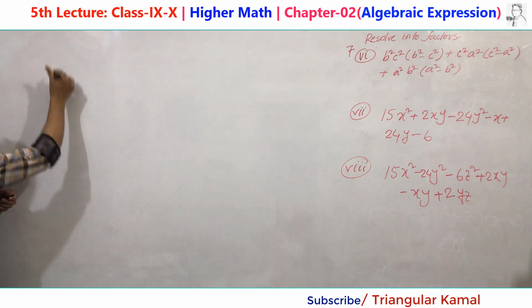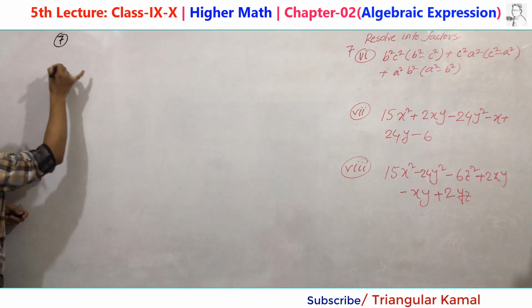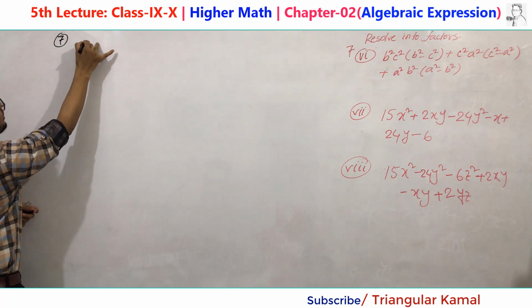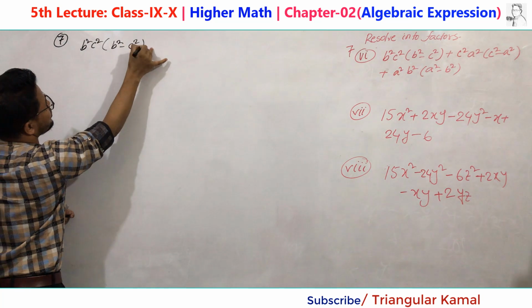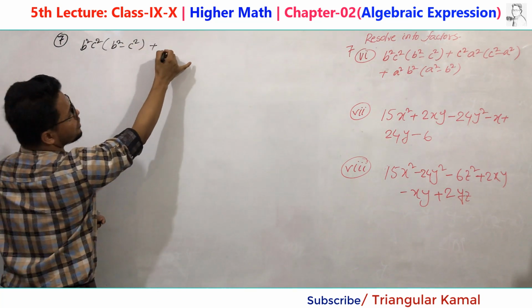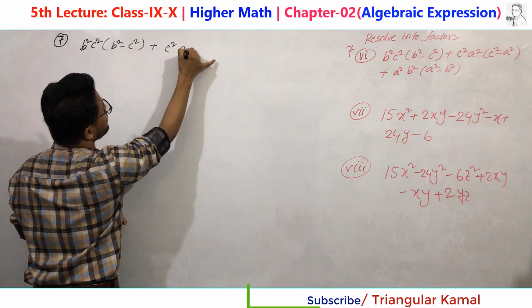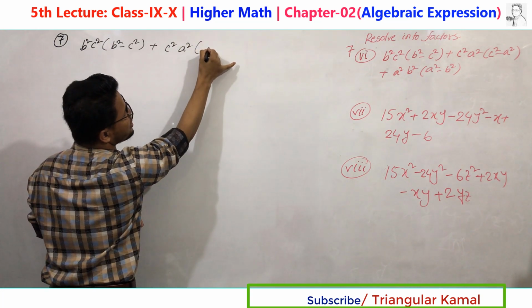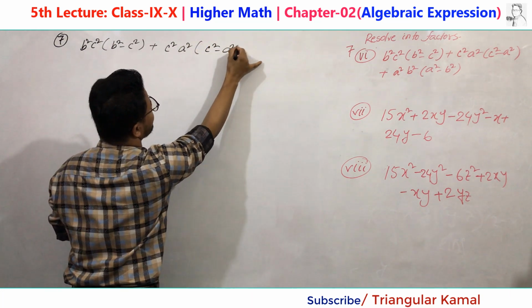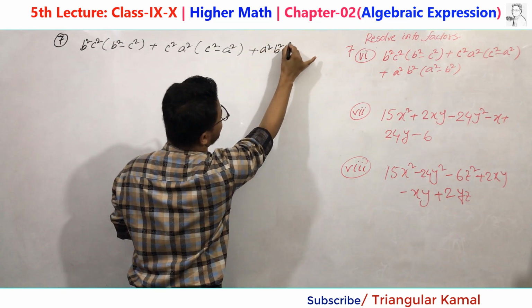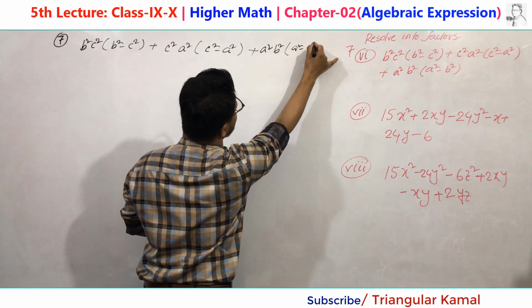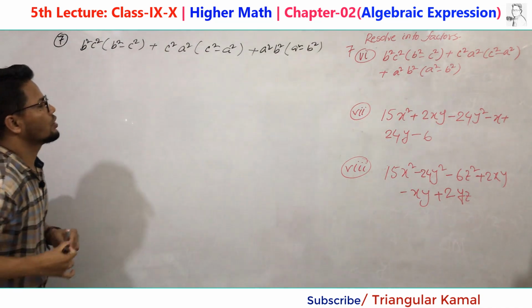Resolve into factors. Number 7. First we will write this one, b square times c square minus b square, plus c square times a square minus c square, and finally a square b square times a square minus b square.